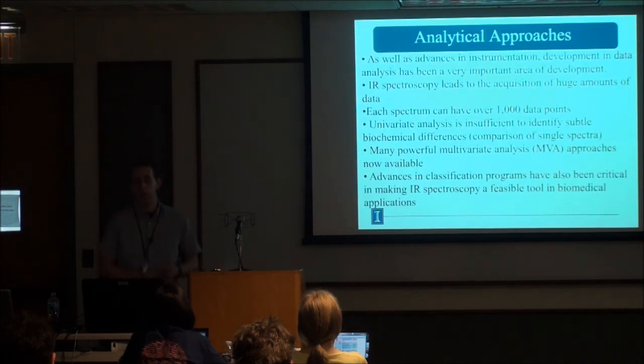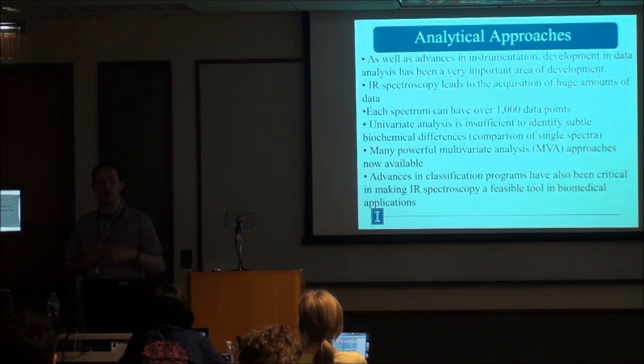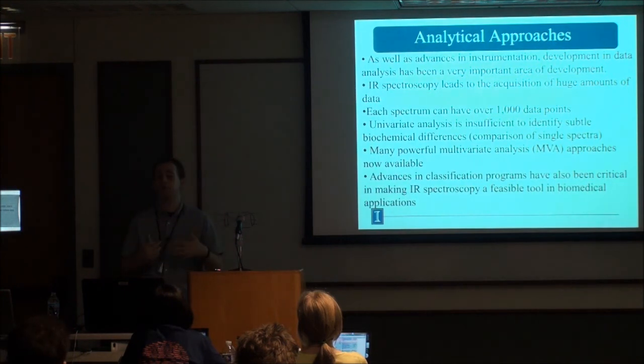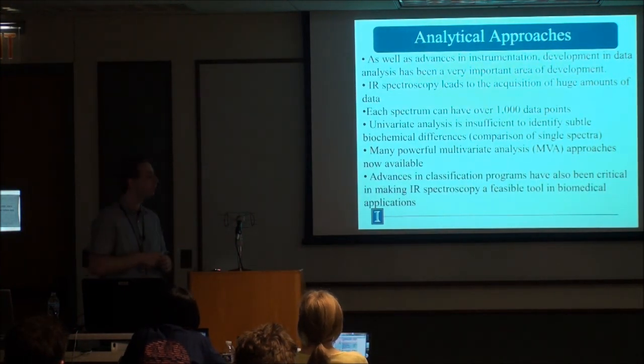Okay, now, so I've spoken about the advances in sources, the advances in detectors. Another really important part, which really applies for a lot of spectroscopic techniques, has been the data analysis. So back in the 90s, most of the work was based on just comparing spectra. And as you'll see later, the differences between spectra, certainly from a biological perspective, tend to be very small.